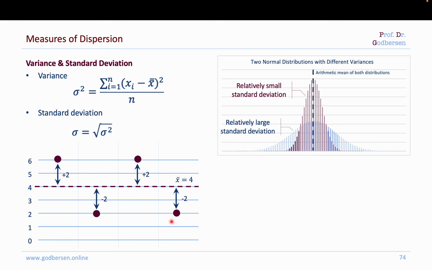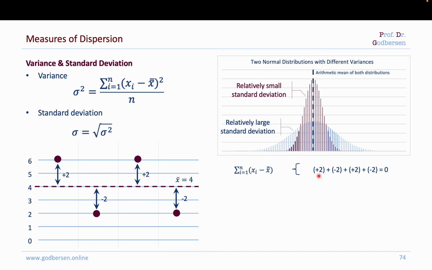Here, with this simplified data set, we can say, all right, the measured values are either higher or lower than the arithmetic mean. But in a more complex data set, we cannot see this so easily, and there we need a coefficient, an indicator for this. Now, at first glance, to calculate the dispersion, we can say, simply, xi, the measured value, minus the arithmetic mean, so xi minus x average, and then we sum them all up.